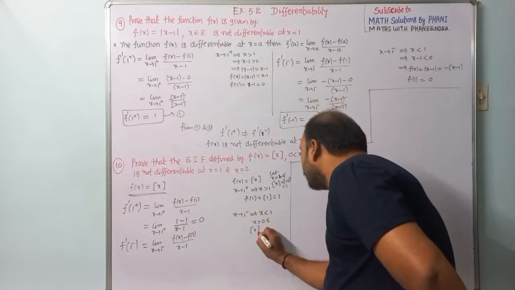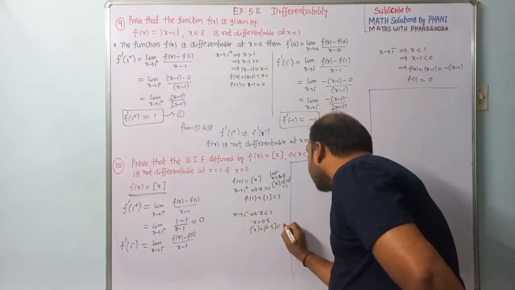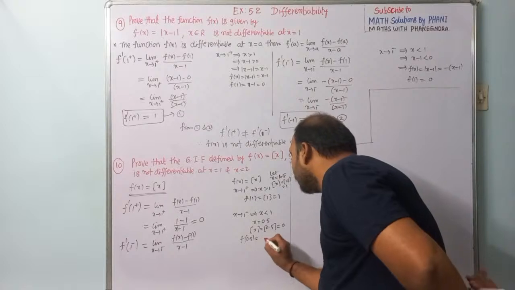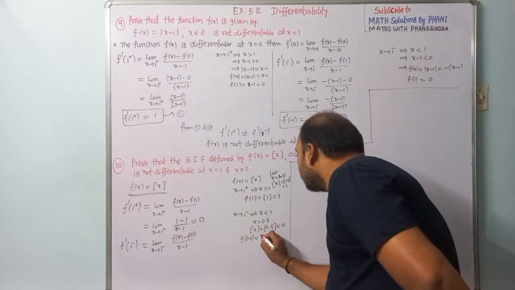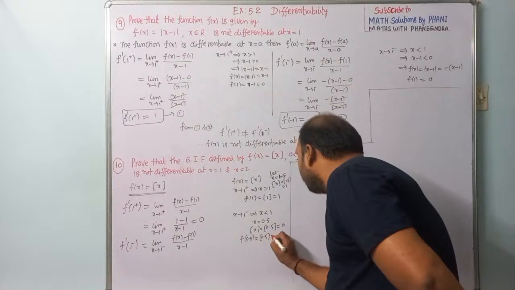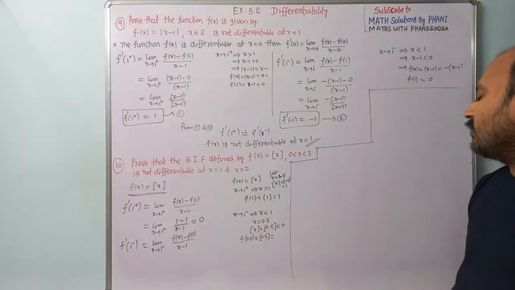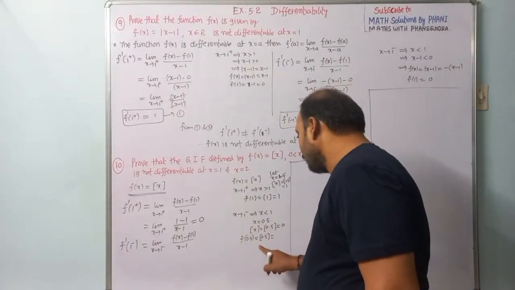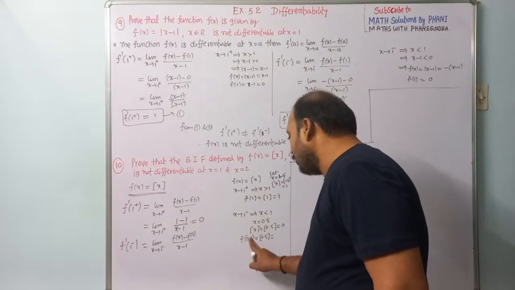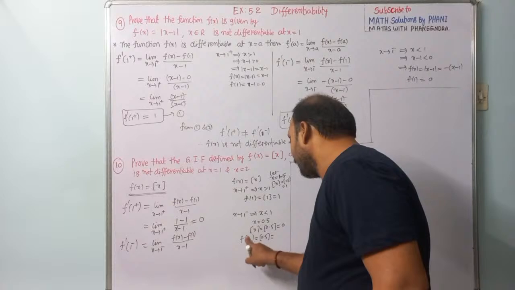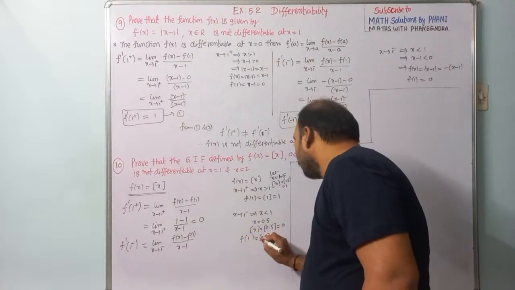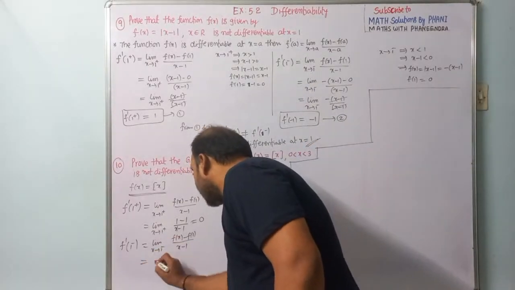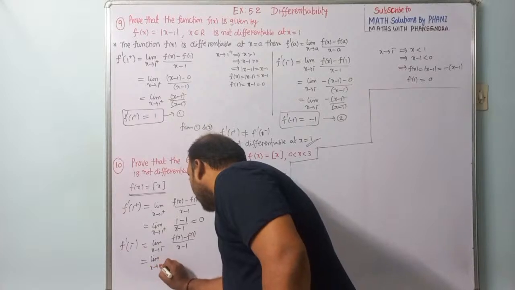So step x is equal to step of 0.5, it will be considered as 0. Similarly, f of 1 will come as 1.